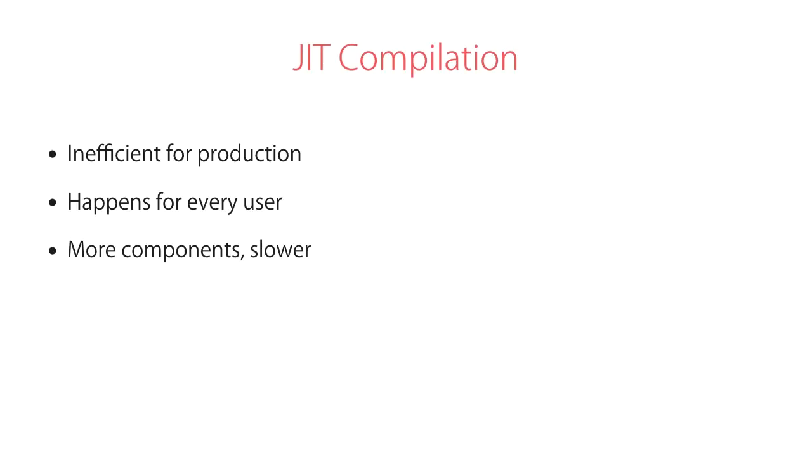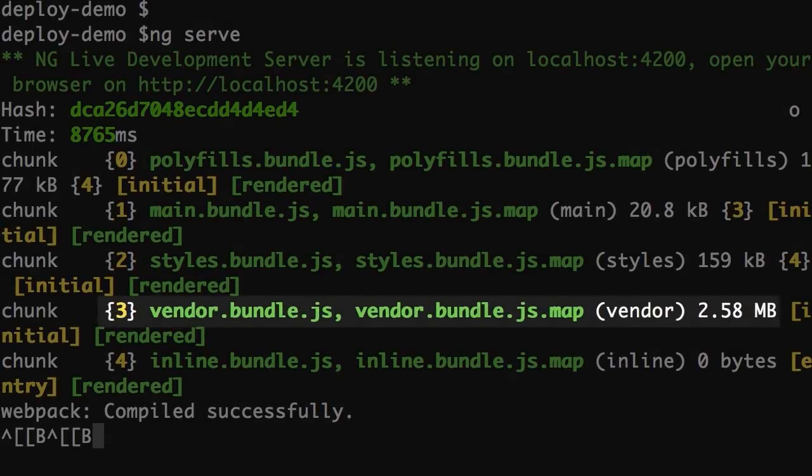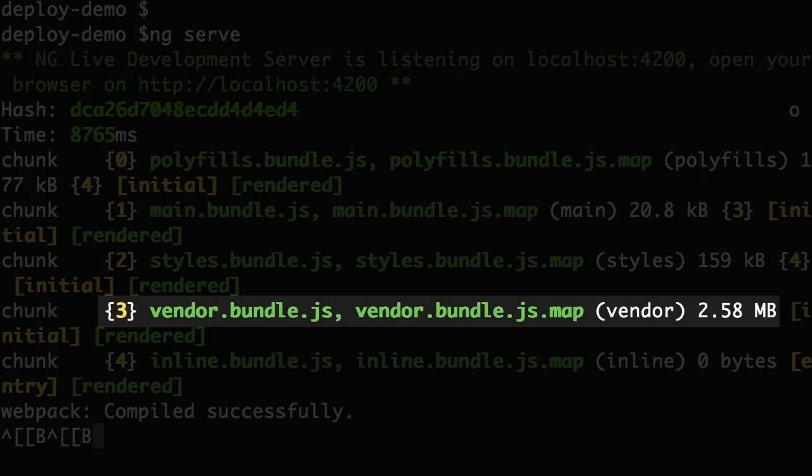Now you can imagine, as the number of our components increases, or as our templates get more complex, this compilation step is going to take longer. Also, for this very reason, we have to ship Angular compiler as part of the vendor bundle. And this is why our vendor bundle is 2.5 megabytes, even for a simple application, because almost half of this bundle is dedicated to Angular compiler.